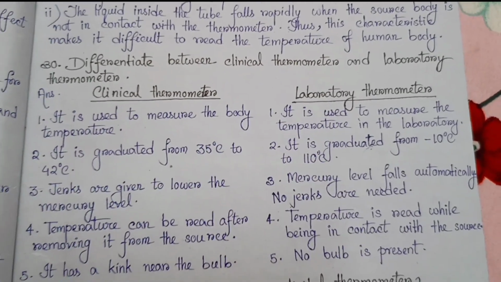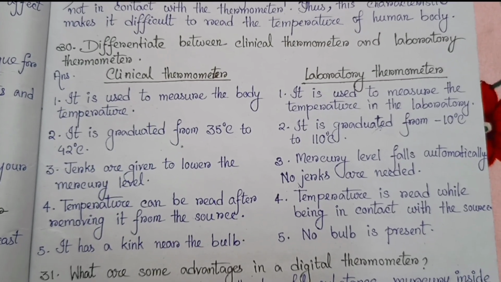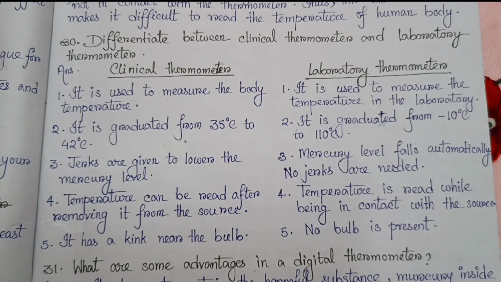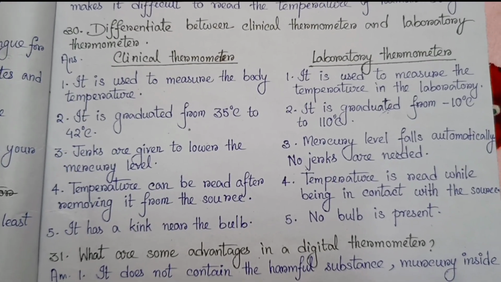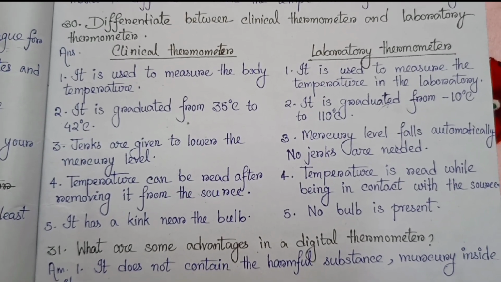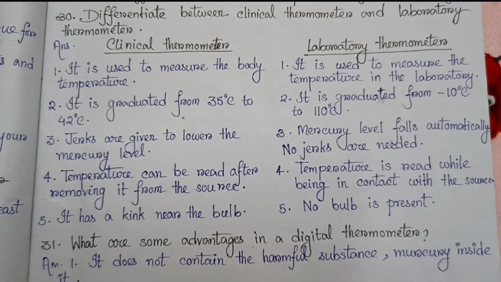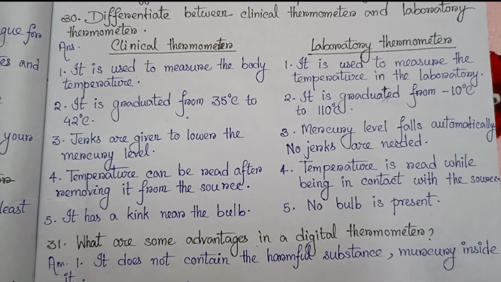Number 30. Differentiate between clinical thermometer and laboratory thermometer. Number 1. It is used to measure the body temperature. There, number 1, it is used to measure the temperature in the laboratory. Number 2, it is graduated from 35 degrees Celsius to 42 degrees Celsius. There, number 2, it is graduated from minus 10 degrees Celsius to 110 degrees Celsius.